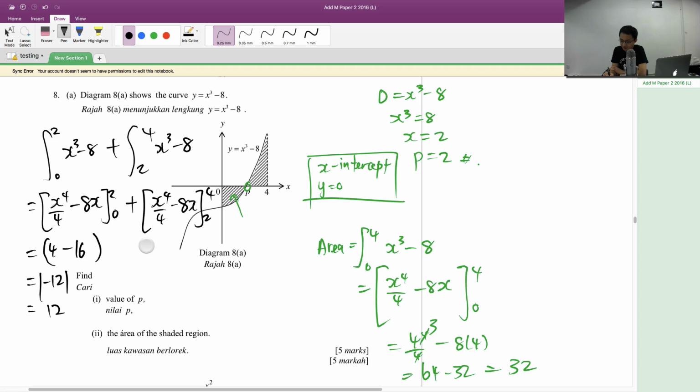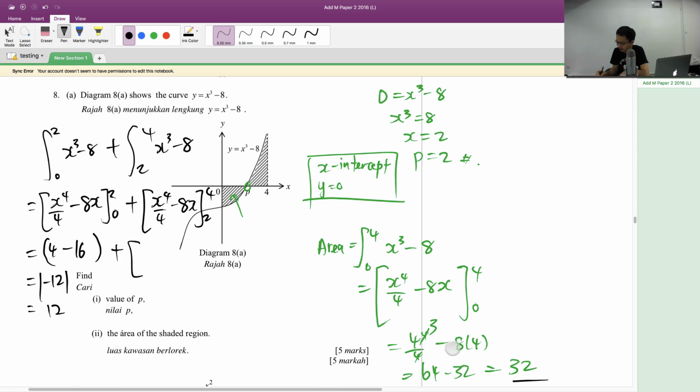Alright, then for the second one, just substitute the 4 as we just did. Substitute the 4, you will get 32. Minus, you substitute the 2 into here. Okay, let me just do it.